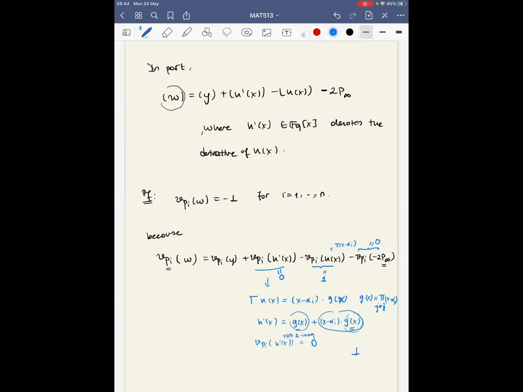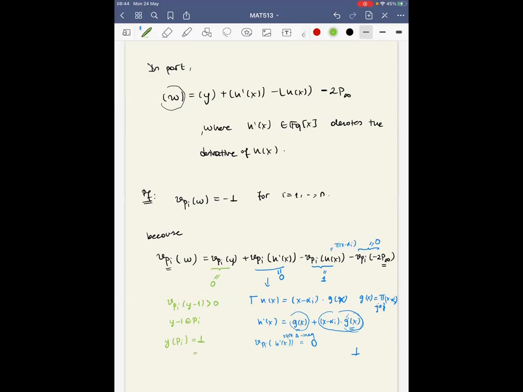And finally, we can also see that this valuation is also 0 thanks to the choice of the function y by the weak approximation theorem, because it tells us the evaluation of y at P_i is equal to 1.